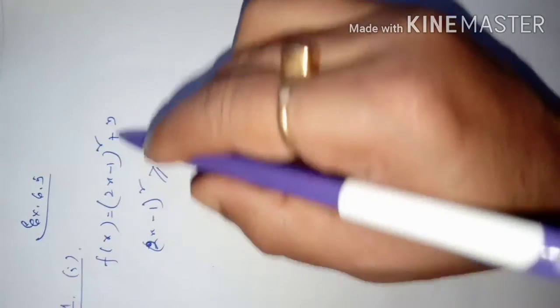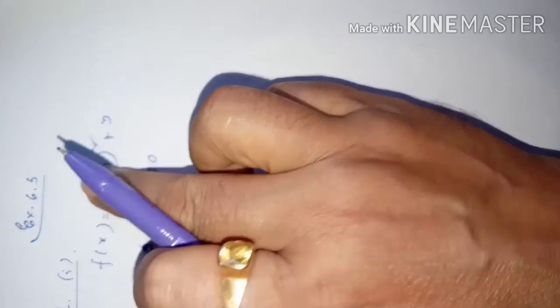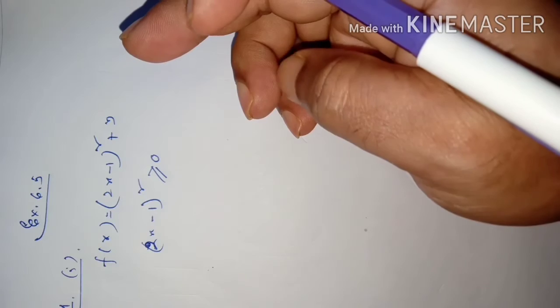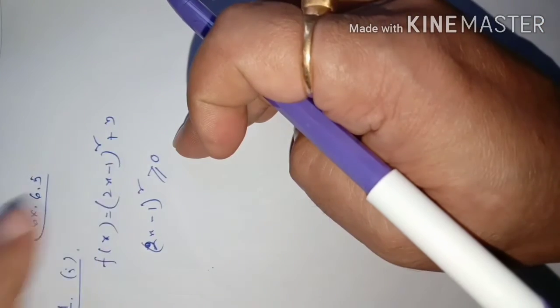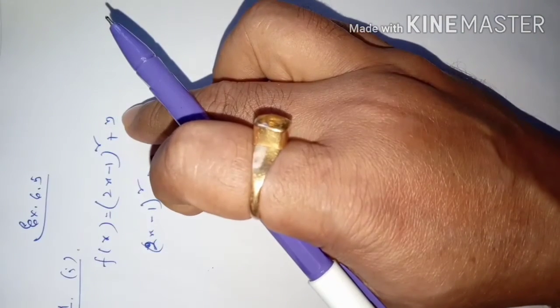That means this function will have only a minimum value, it cannot have a maximum value. Why? Because this is always positive. It can be equal to 0 only when x - 1 is equal to 0. This expression's value, if it is 0, then the whole function attains its minimum value.